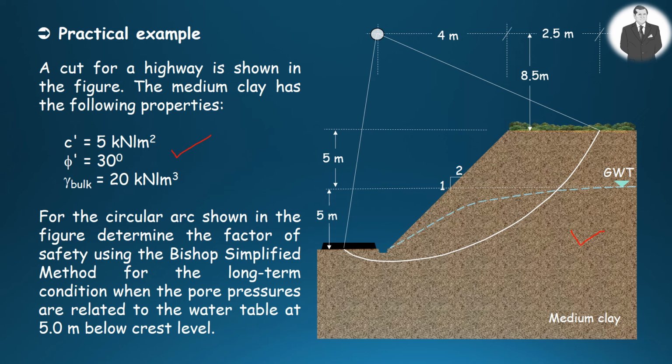For the slip surface, as shown in the figure, which is a circular arc, determine the factor of safety using the Bishop simplified method for the long-term condition when the groundwater table is 5 meters below the crest level. Crest is the top level of the slope.